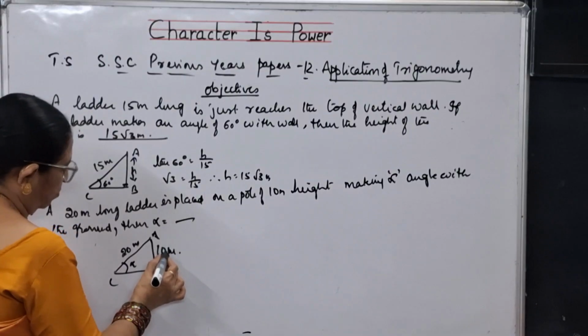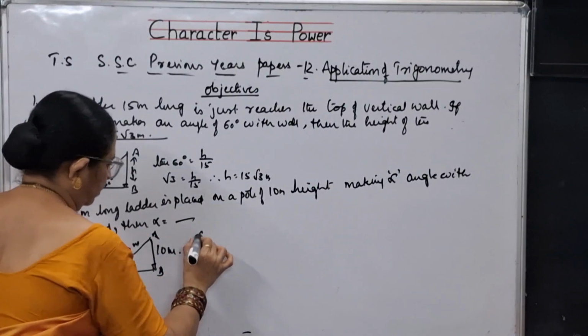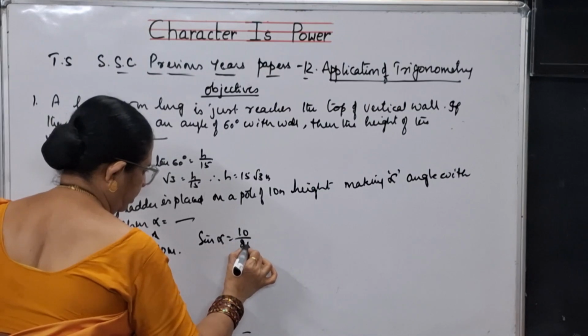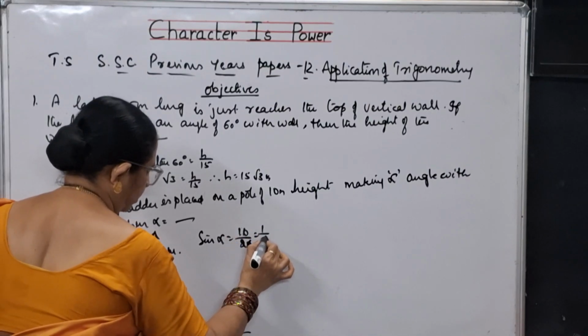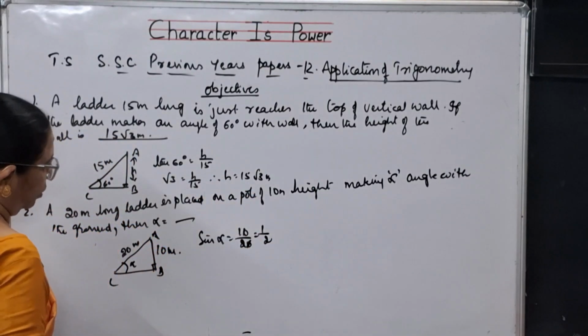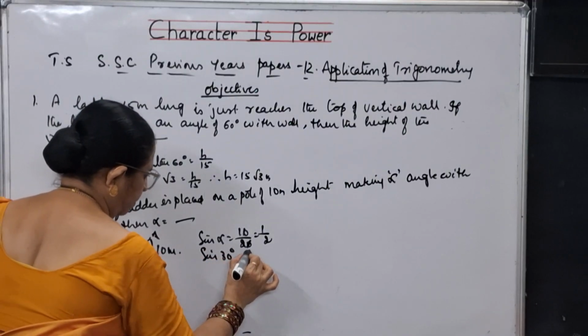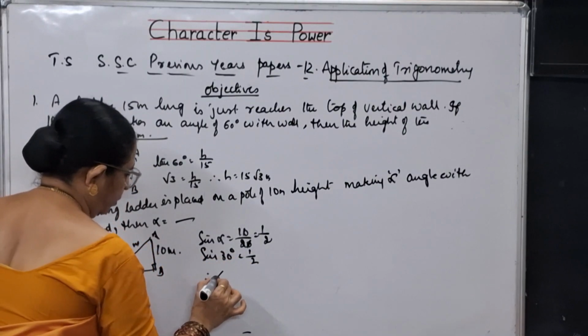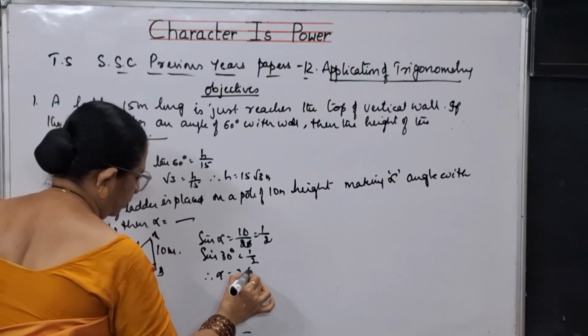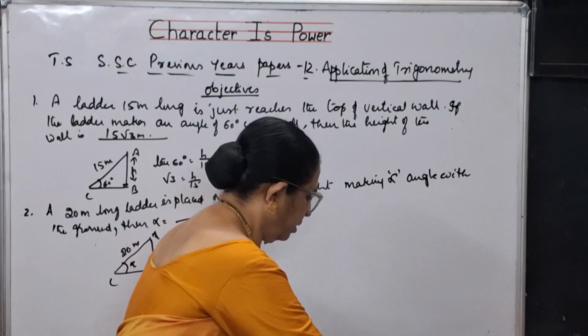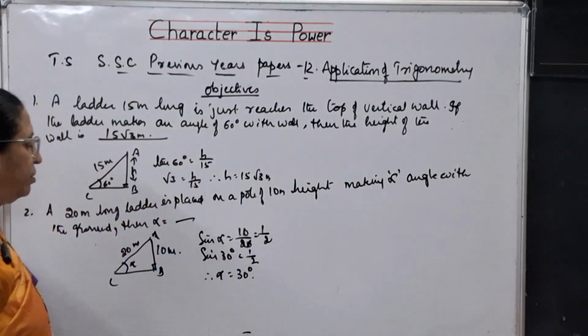See, this is opposite side by hypotenuse. That means sine alpha is equal to 10 by 20, that is 1 by 2. We know that sine 30 degrees is 1 by 2. Therefore, alpha is equal to 30 degrees. This is the answer, children. Please copy it.